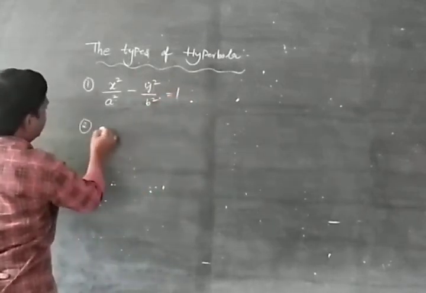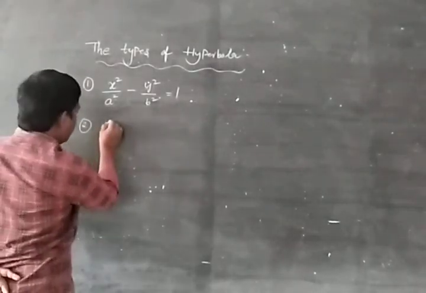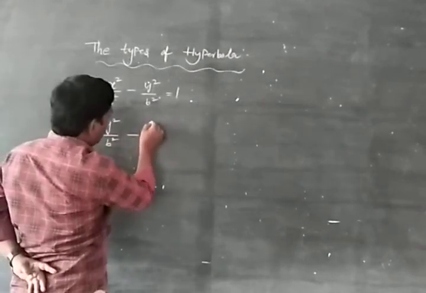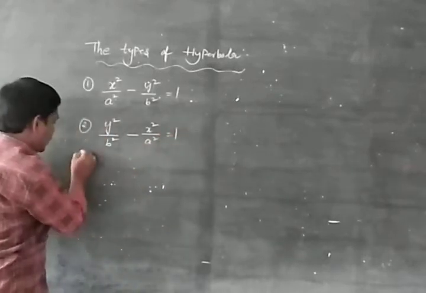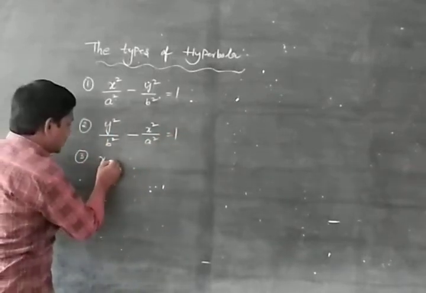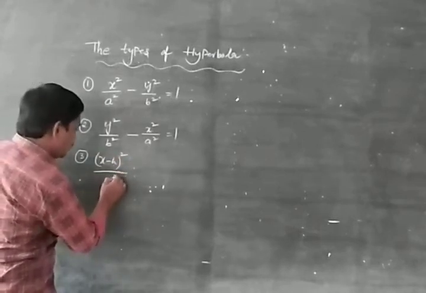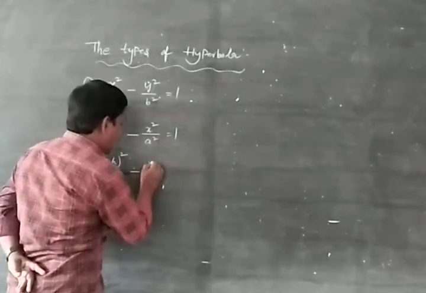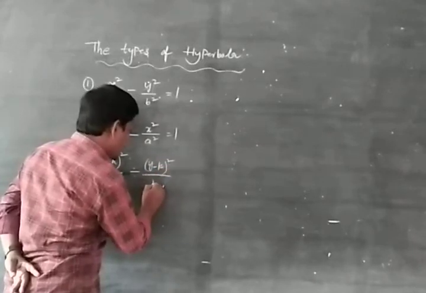Then the second one, y square by b square minus x square by a square. The third one, x minus h whole square by a square minus y minus k whole square by b square.